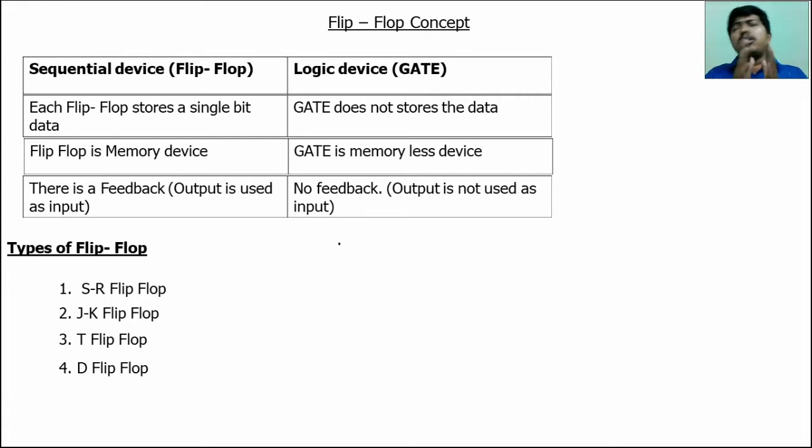Like combinational circuits, you should know the equation and truth table. For example, for an AND gate, you should know the equation Y equals A dot B, and you should know the truth table. Similarly, you should remember the characteristic equation formula.